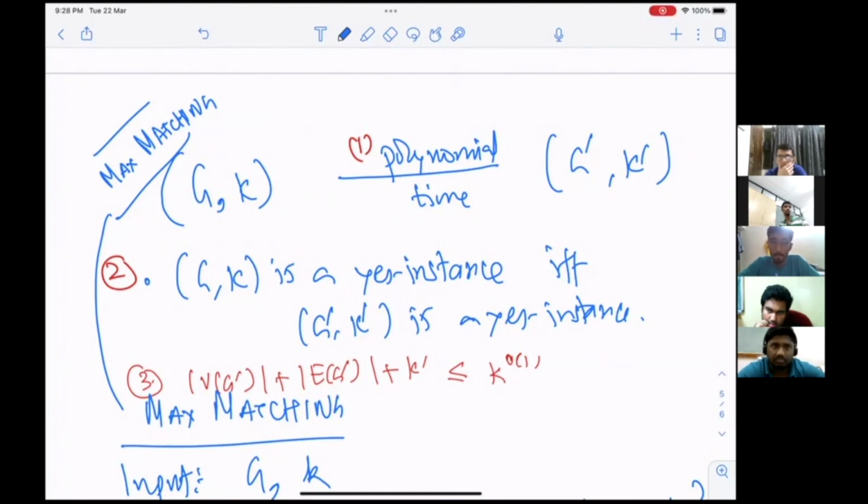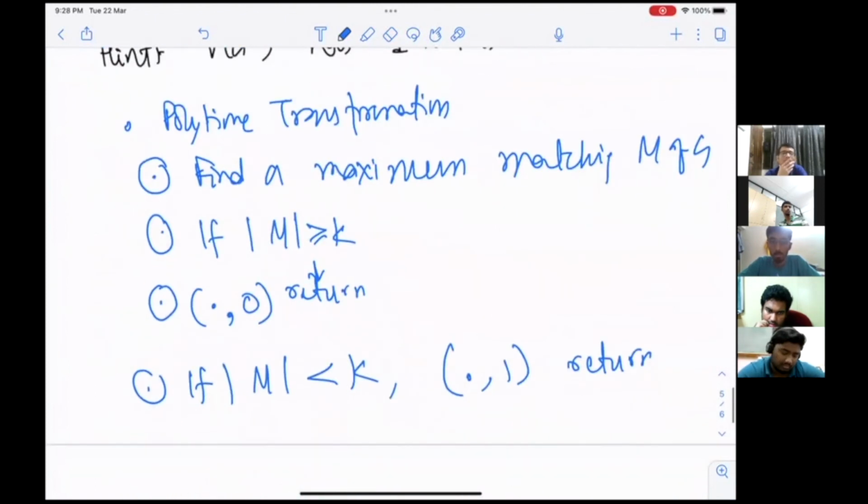And that's perfect, right? Because if I return you this constant size graph containing a single vertex and 0, you can check in constant time and return yes. So our initial graph had a matching of size at least K, and that's a correct answer.